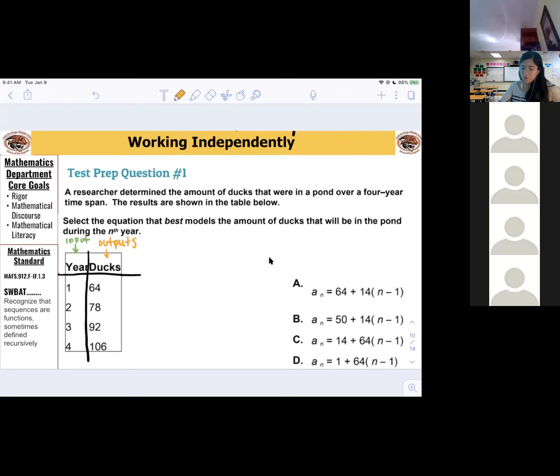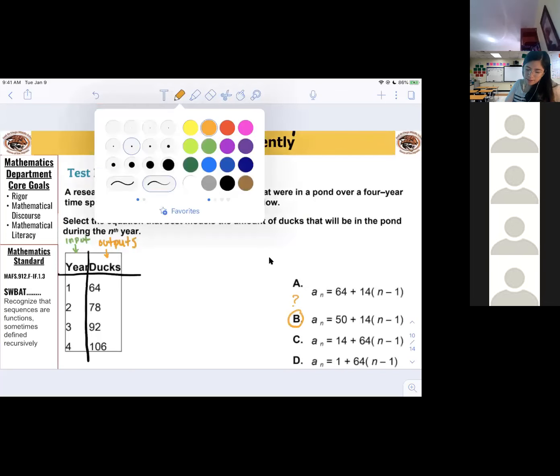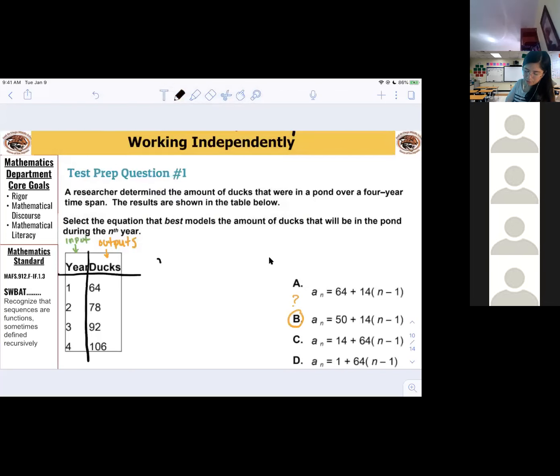B. Sure, let's test out B. So we're trying to see if B is correct. So I'm going to write down my function or my explicit rule. And then I'm going to go over to my table and pick a pair of input and output that I can test.